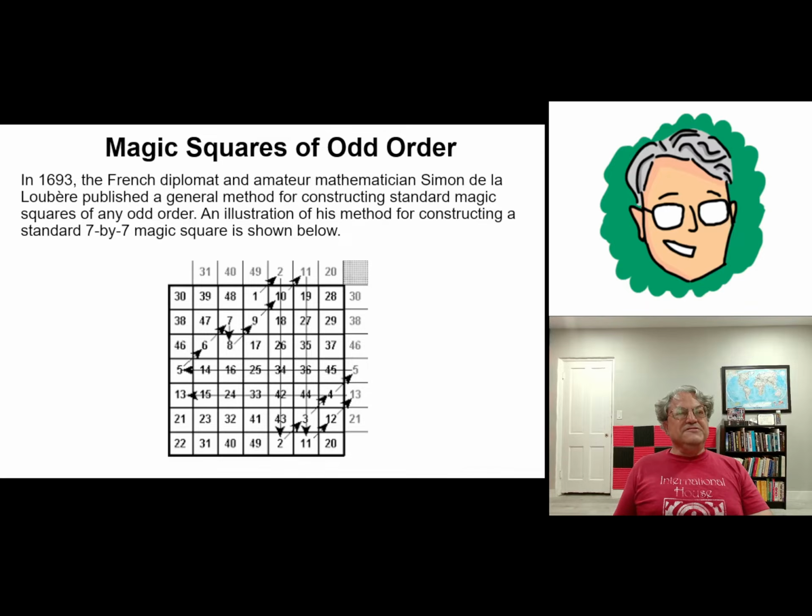And he constructed a really remarkable 8 by 8, not exactly magic square. It's called a semi-magic square. But it has really remarkable properties, kind of like Durer's magic square. It has all these combinations of 8 numbers that add up to the magic constant, which is 260 in that case.